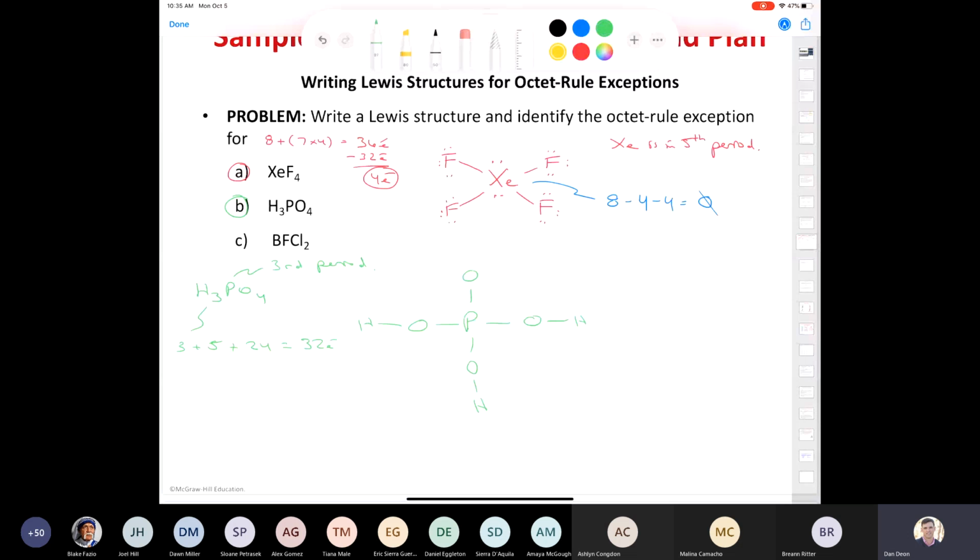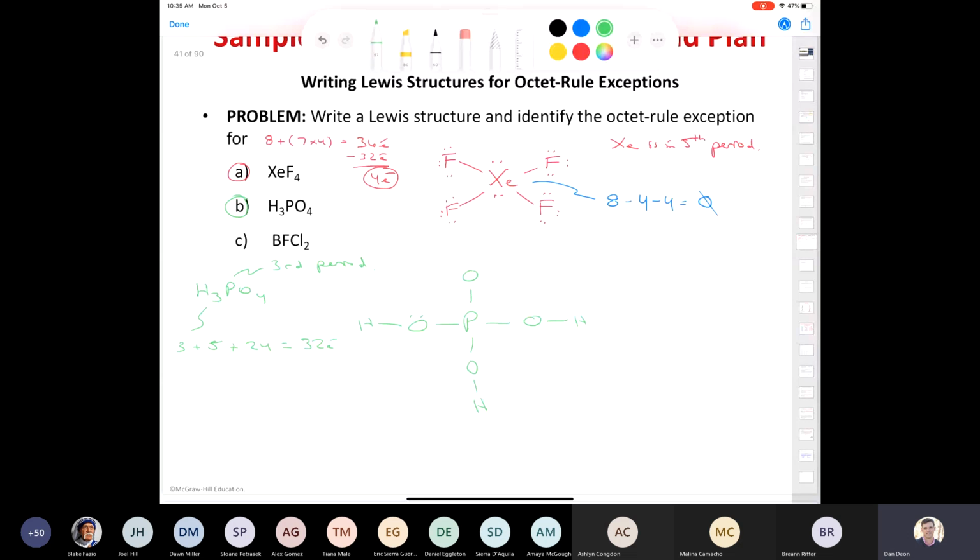Now, how many electrons have we used up thus far? 1, 2, 3, 4, 5, 6, 7, 8, 9, 10, 11, 12, 13, 14. 32 minus 14, that means we've got a long ways to go. But remember, oxygen always has 2 bonds and 2 lone pairs when it's uncharged.